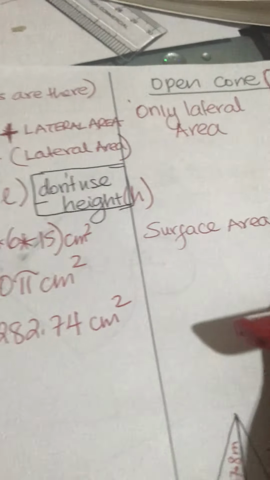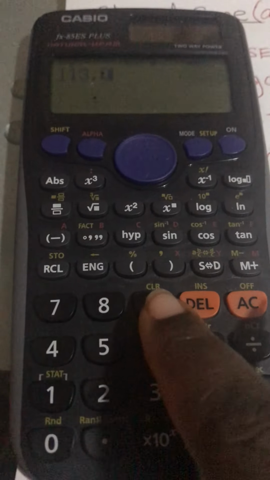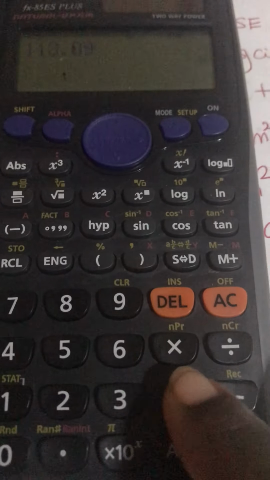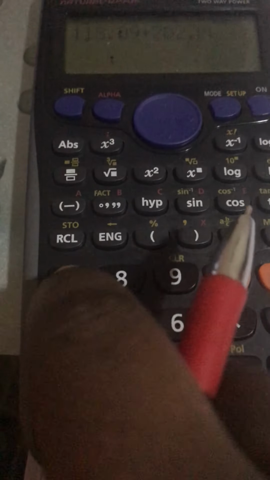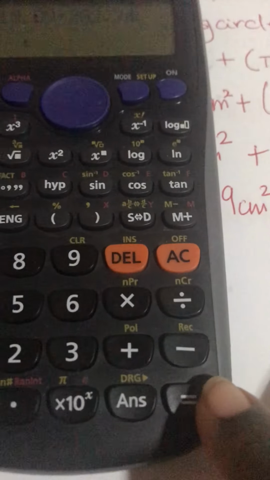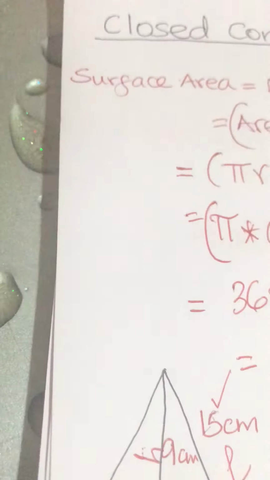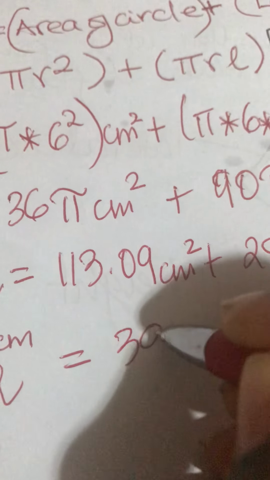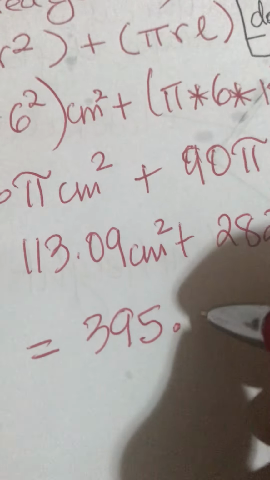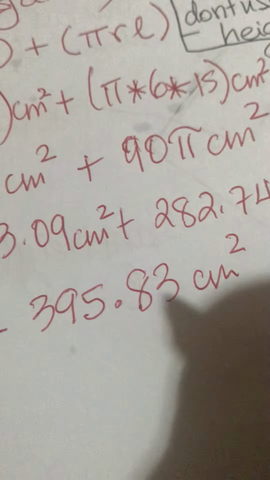Then I do 113.09 plus 282.74, which is 395.83 centimeters squared.